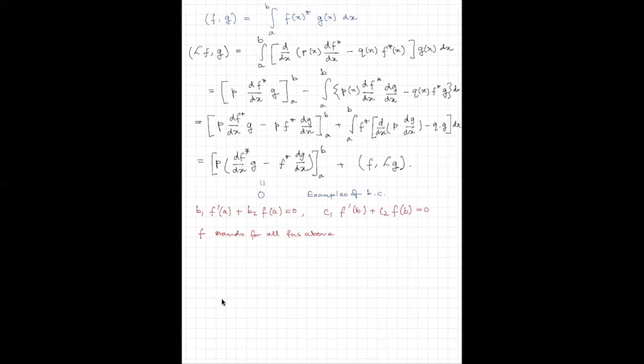Now let's go a little further. We're going to be interested in something called weight functions. Just as in the case of finite dimensional self-adjoint matrices, these self-adjoint operators will also have special properties. And what we want to do is first define something called a weight function.